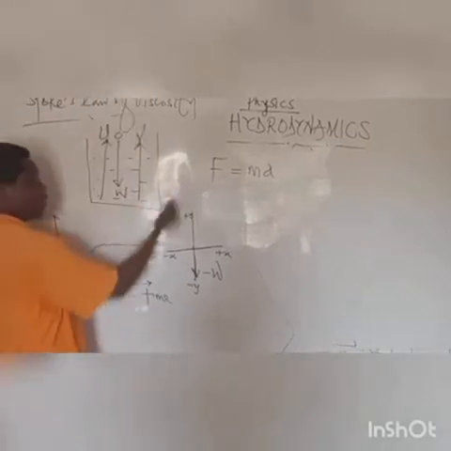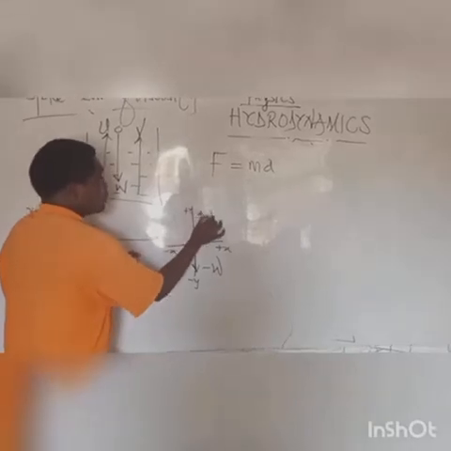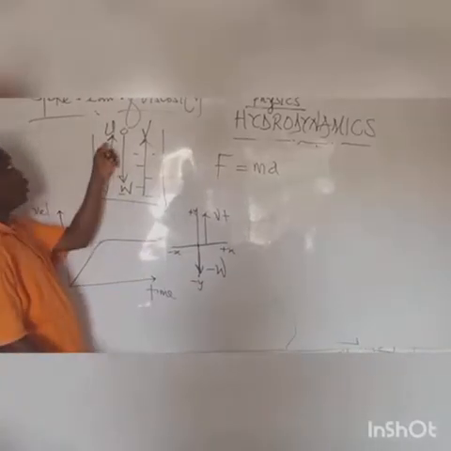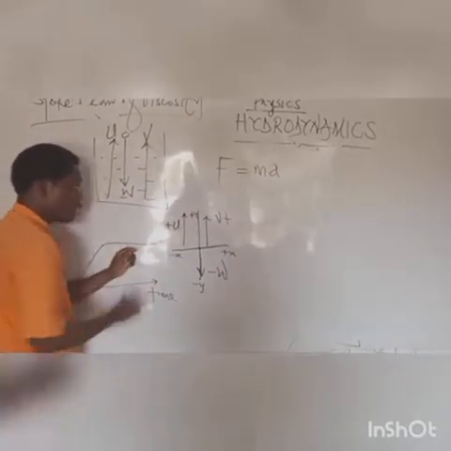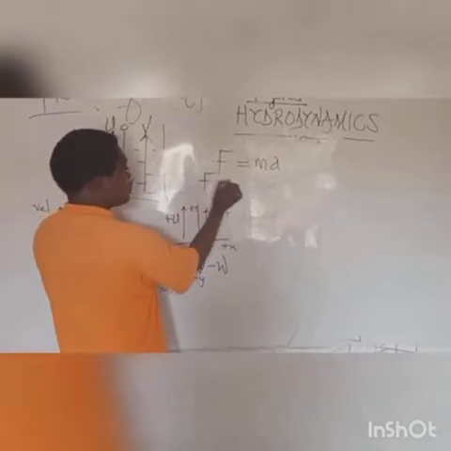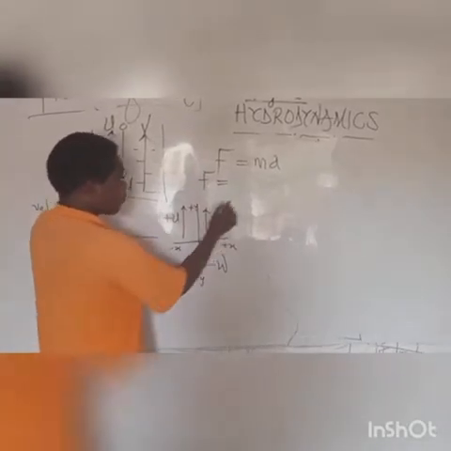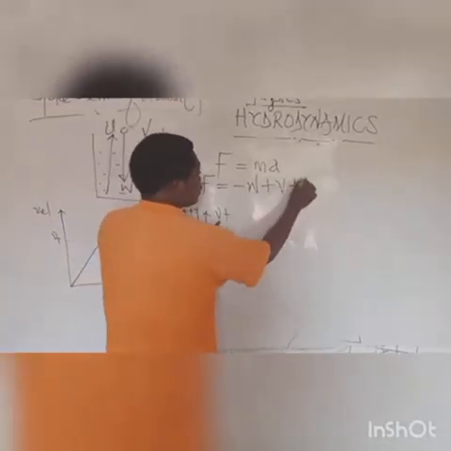V is acting upward, so V is positive. U is acting upward too, so U is a positive. So if you take these forces into consideration, F equals minus W plus V plus U.